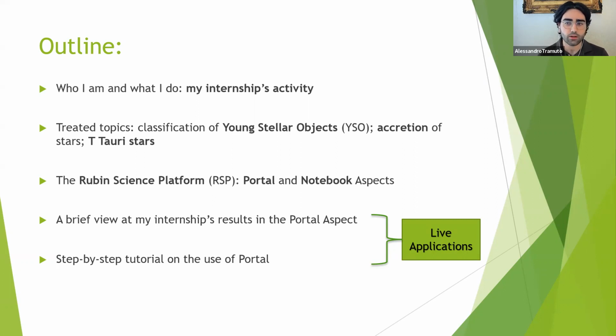After that, I'm going to focus on the portal and notebook aspects, and concluding this first part of the presentation, I'm going to the core of it, which is some live applications. At first, I'm just gonna show you my results of the internship report with the portal aspect, and after that, we're gonna start with the real tutorial of the use of portal, and it's a step-by-step tutorial. So if you wanted to follow me, you can do that.